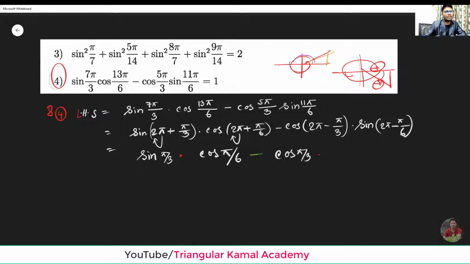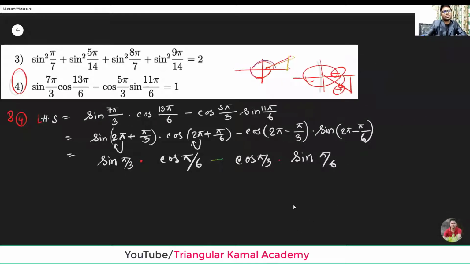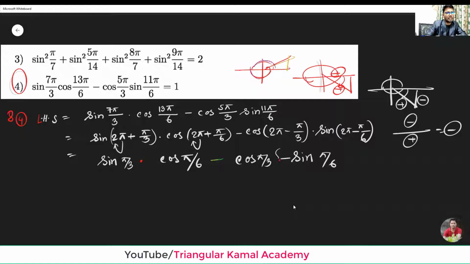Now the next one, sine twice pi, that means 4 times of 90, so no change, even number, sine pi by 6. Let's see whether positive or negative. Twice pi minus something means the fourth quadrant, opposite and hypotenuse. Opposite is minus, hypotenuse is plus, so this one is negative.